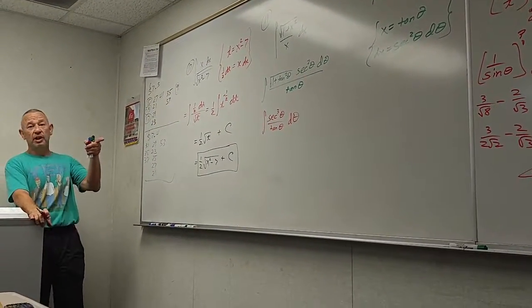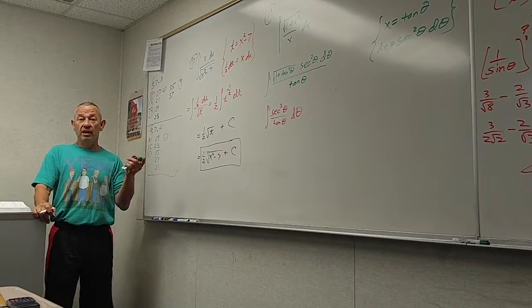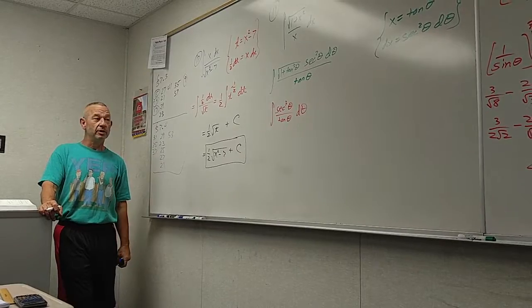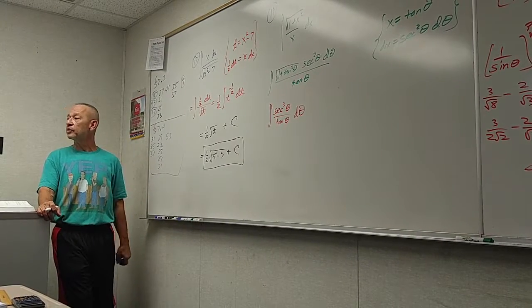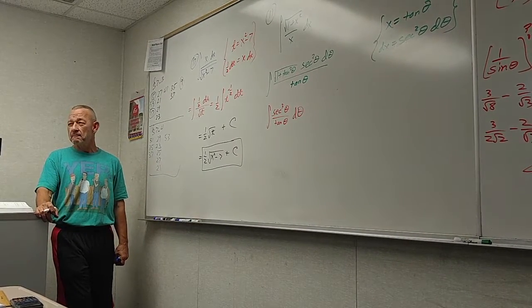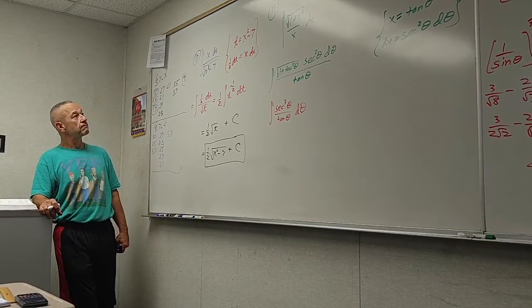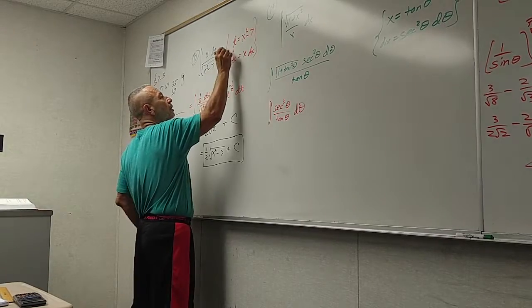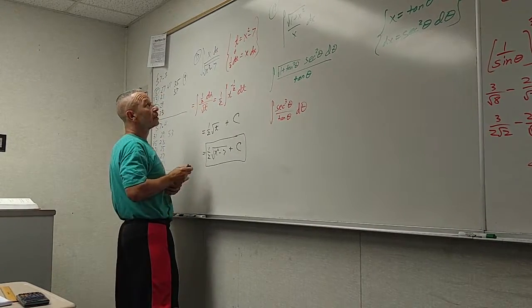I think this is more like the first one we did. Right now we're not seeing, I mean, if that were secant squared on top, it'd be cool. I'd say u equals tan theta, du is secant squared theta d theta. The number 17, dt is 2x dx. Yes. I agree.